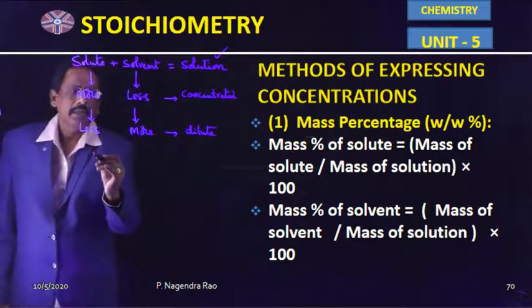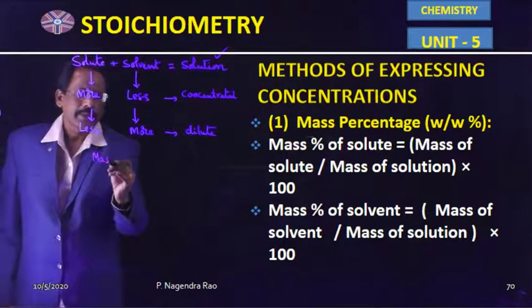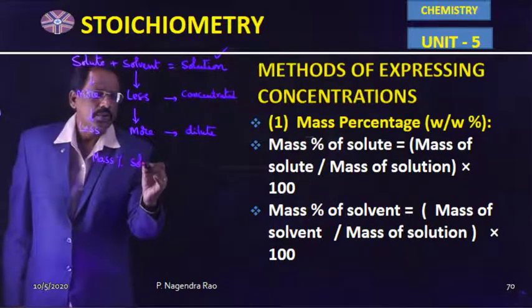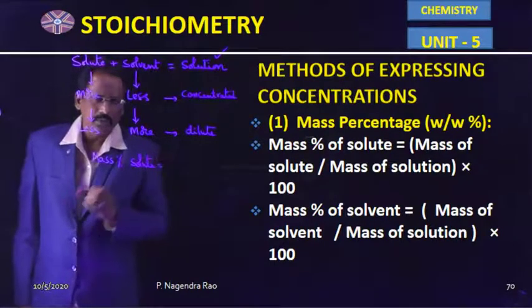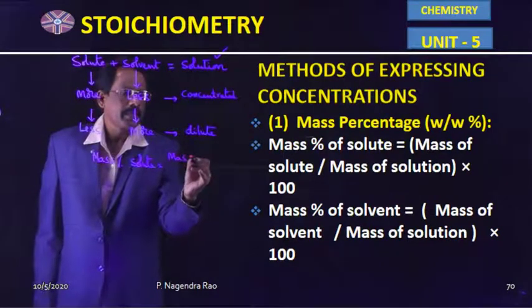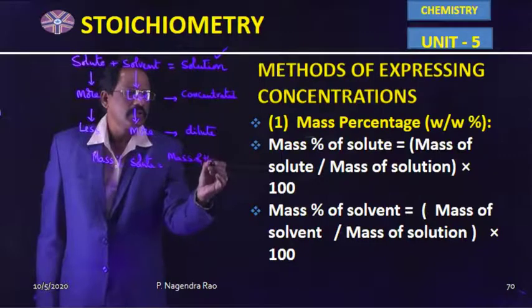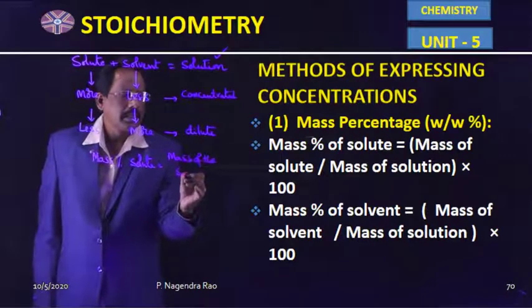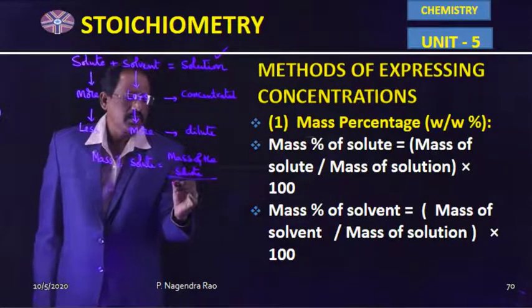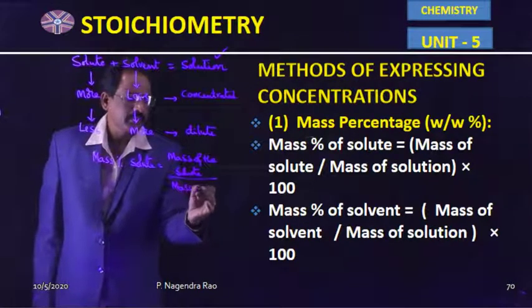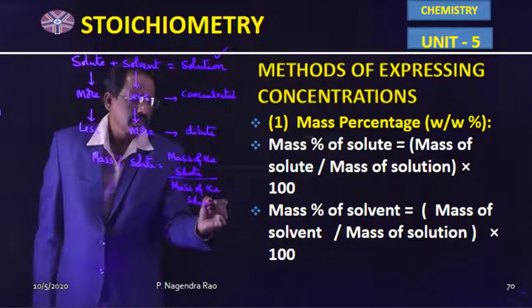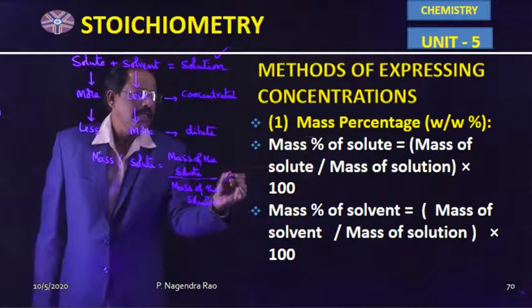So, mass percentage of the solute is equal to mass of the solute divided by mass of the solution into 100.